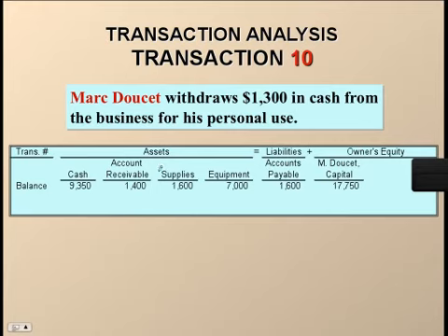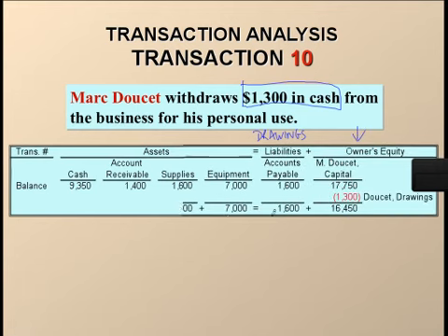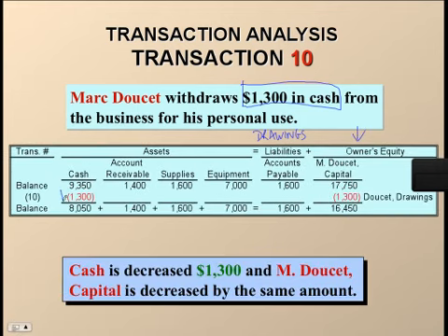Okay, Mark Doucette withdraws $1,300 in cash from the business for his personal use. Cash goes down, we know for sure. And this is drawings, remember? Drawings is an owner's equity account, and it makes owner's equity go down. Here's our cash leaving the company. Even though the owner is getting the cash, this cash account is really for the company.